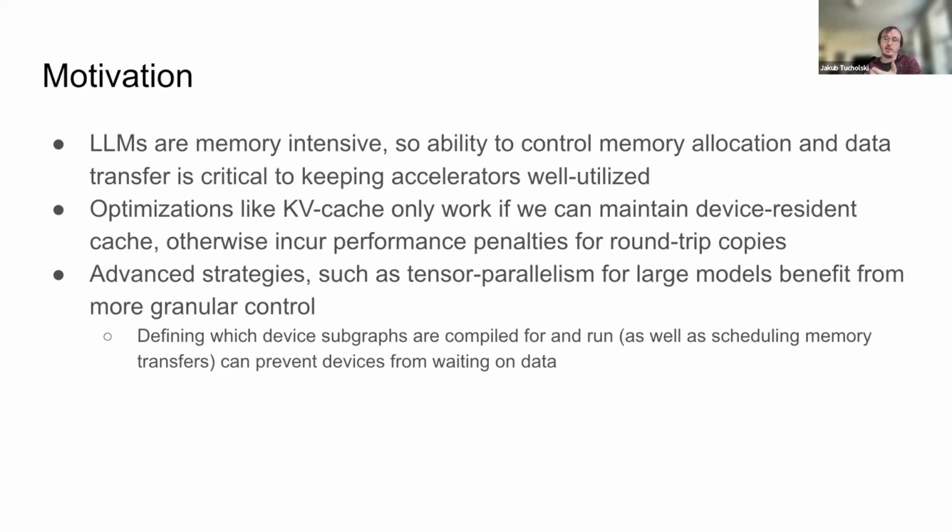Otherwise we're incurring round trip copies between host and device. And then additionally, we might want advanced strategies such as specifying certain subgraphs of the larger graph to be run on other devices, to better orchestrate that and have more efficient throughput throughout the entire graph.